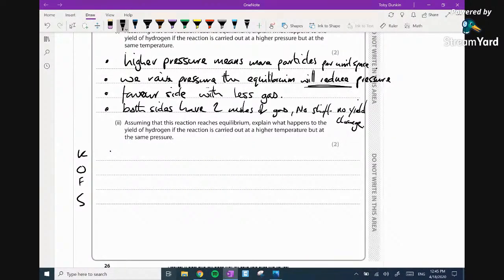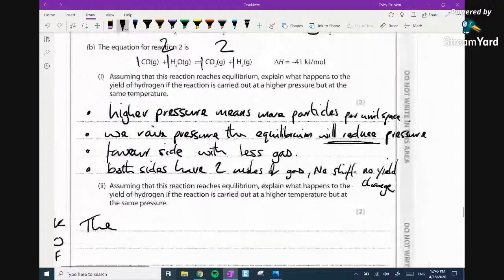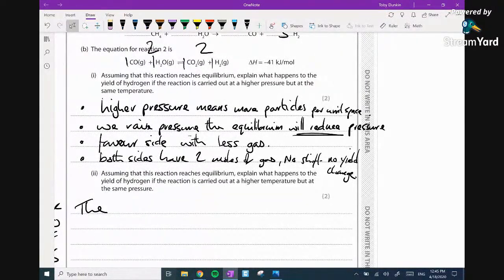Yeah, so knowledge. So the forward reaction... I've suddenly realized I've made a mistake. I've done the wrong answer. Oh, I made a mistake again. It's come out in the wash. That first one is wrong. I've given the rates answer.